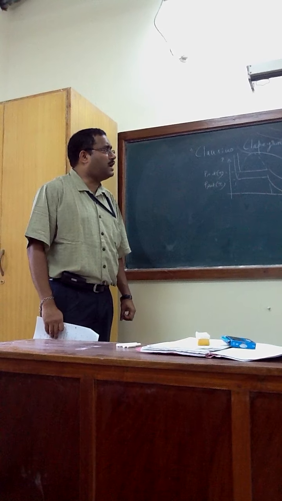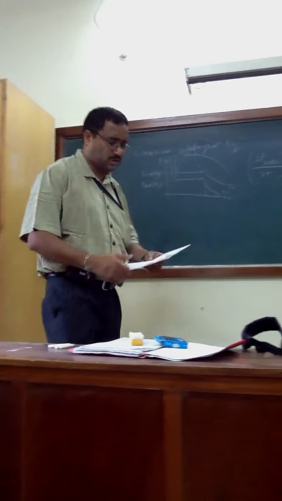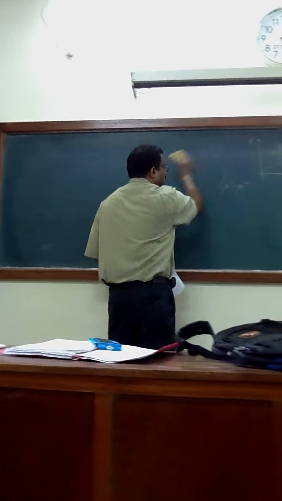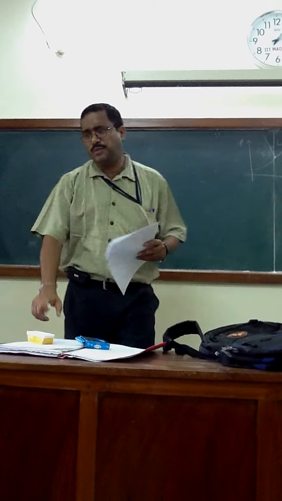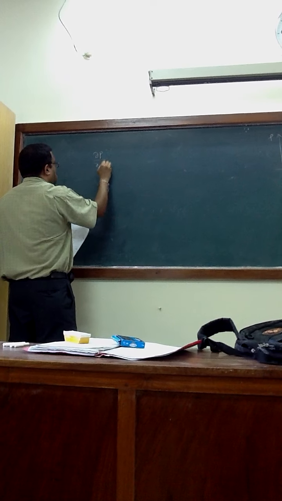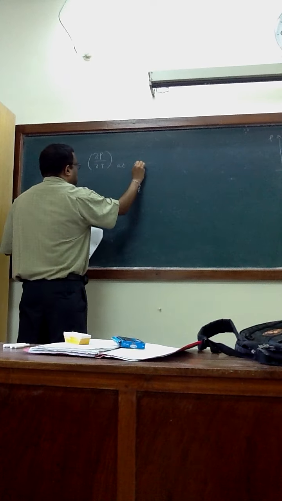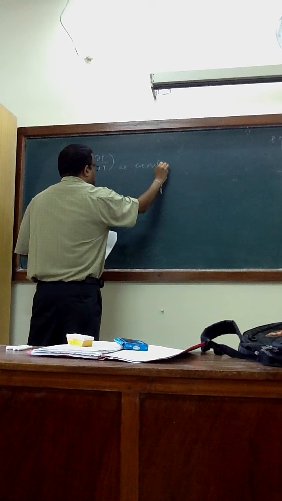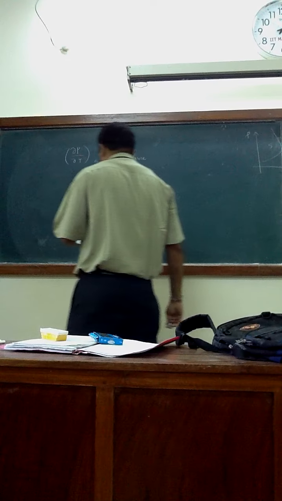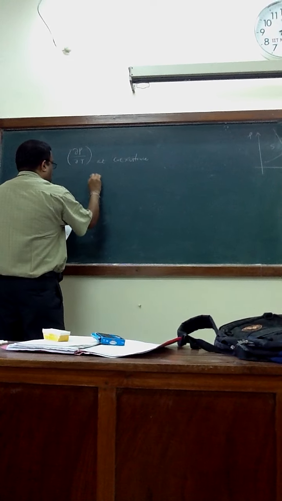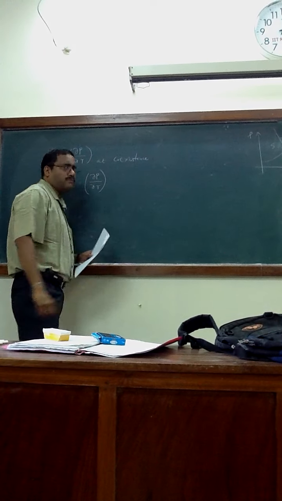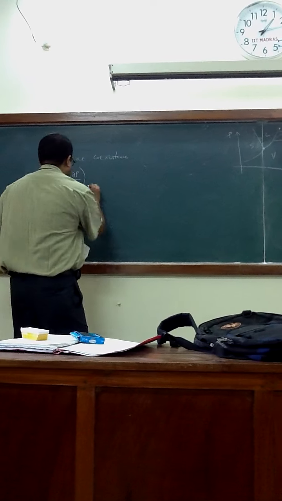See, what you have to find out? You have to find out dou P dou T at the saturation point, at coexistence. We have to find out dou P dou T at mu v equals mu L, or mu1 equals mu2, or mu1 minus mu2, which is the function.